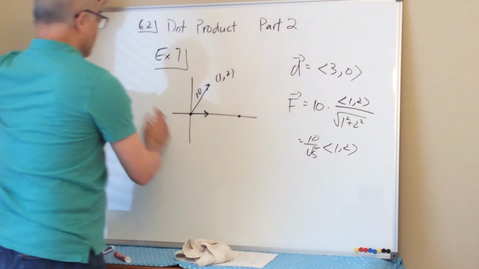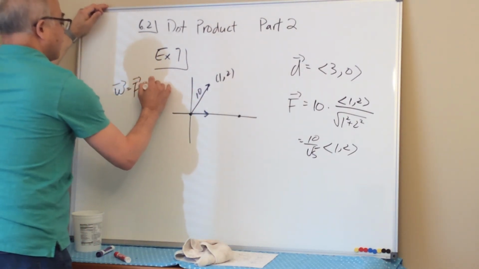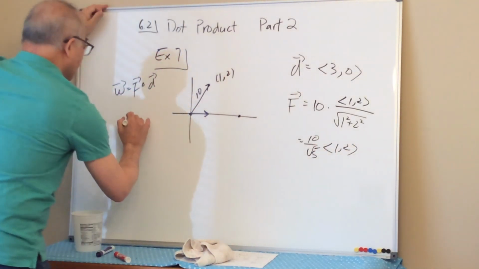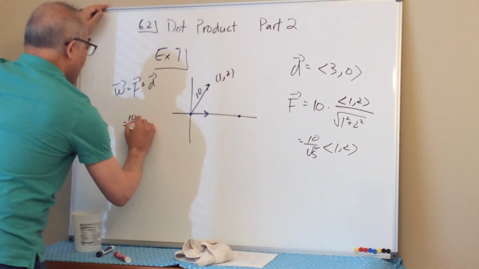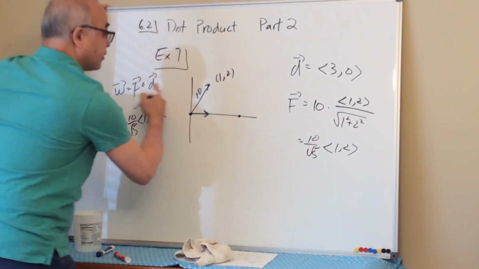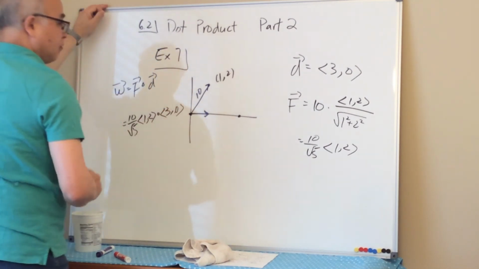So the work is again this, and the force I found to be this. So it's 10 over root 5 times 1, 2, dot product with D, 3 and 0.